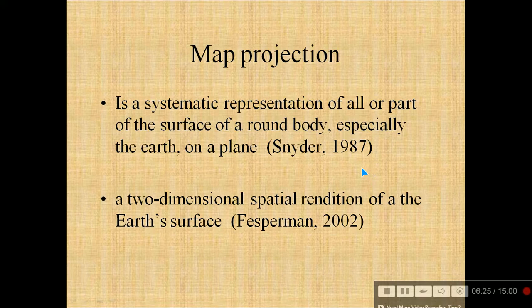And map projection, what does it say? There are two definitions. It is a systematic representation of all or part of the surface of a round body, especially the earth, on a plane. And what did Vesperman say? A two-dimensional spatial rendition, or you can say a condition, of the earth's surface.